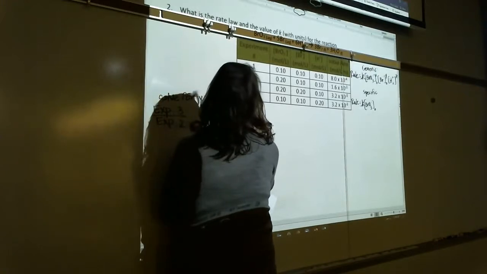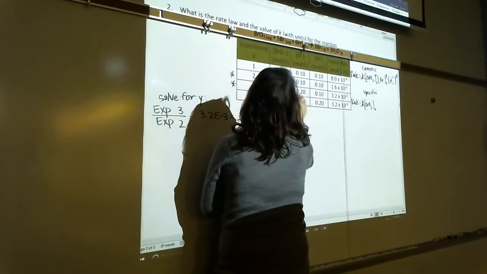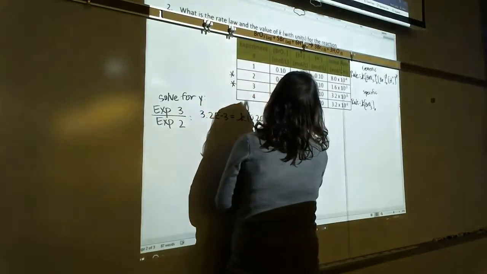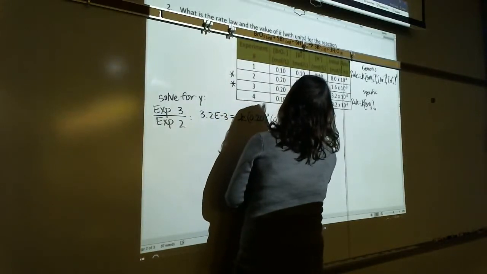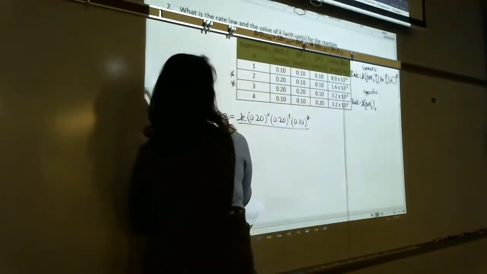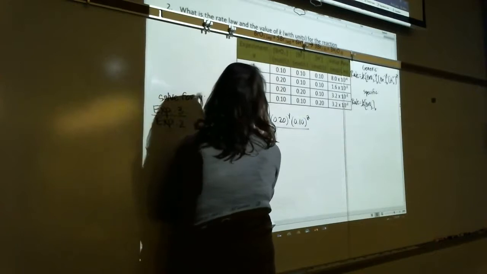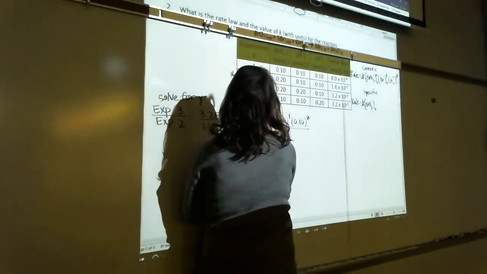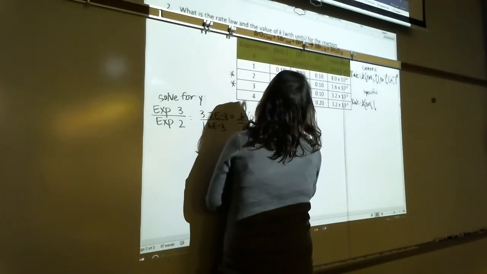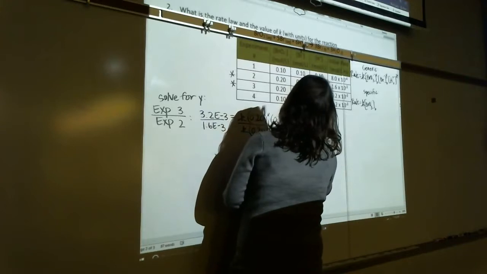Rate equals k times 0.20 to the x, 0.20 to the y, 0.10 to the z, divided by, rate for trial 2 is 1.6 times 10 to the negative third. k for trial 2, let me plug in 0.20 to the x, 0.10 to the y, and 0.10 to the z.